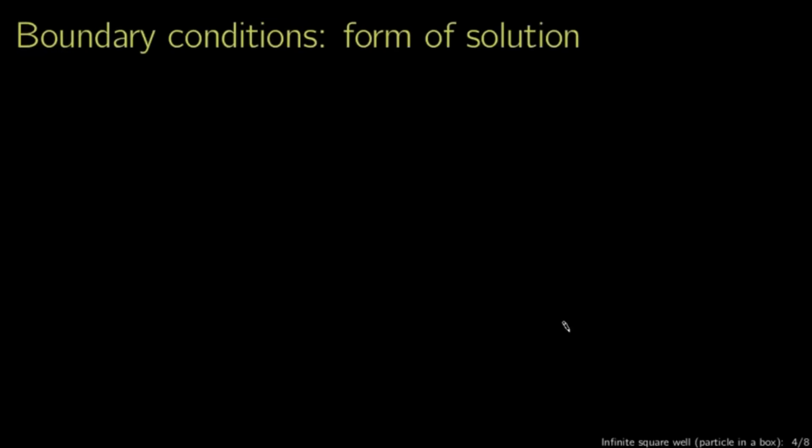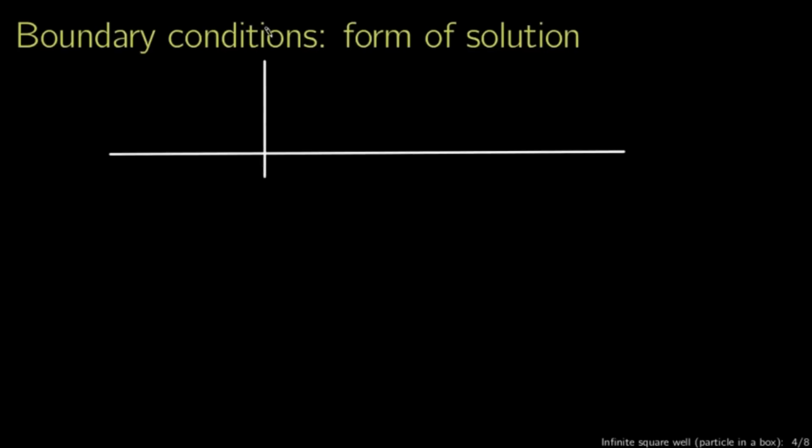In particular, we haven't used the boundary conditions. And one thing the boundary conditions here will determine is the form of our solution. Now, what do I mean by boundary conditions? Well, the boundary conditions are what you get from considering the actual domain of your solution and what you know about it, in particular at the edges.